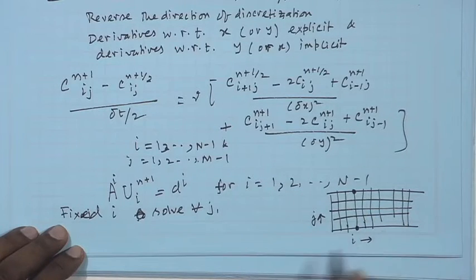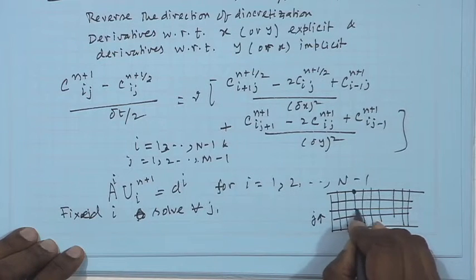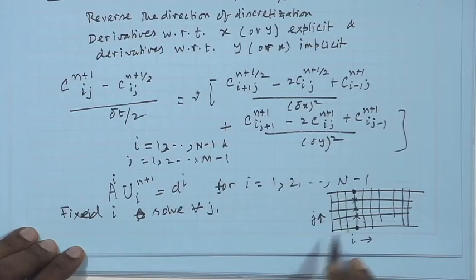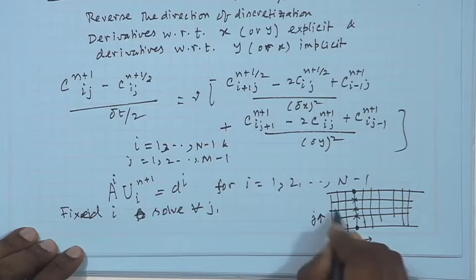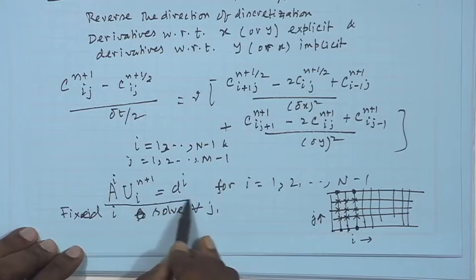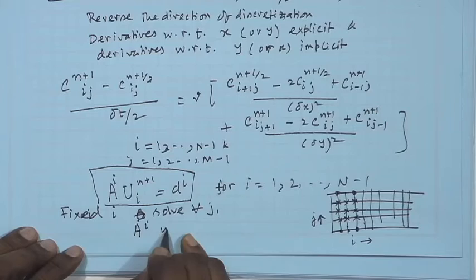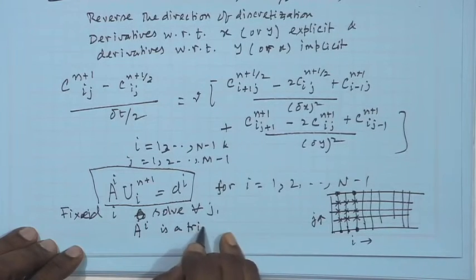At a fixed value of i, we solve for all j. So, we start from here, with fixed i equal to 1, and we solve for all j. Once it is done, then i equal to 2, solve for all j, and every time we get a tridiagonal system like this. A_i is a tridiagonal matrix.